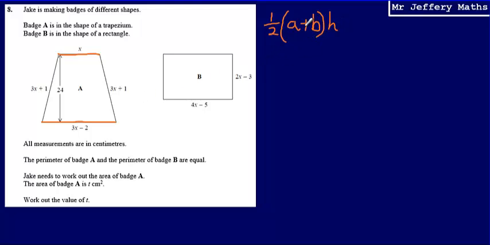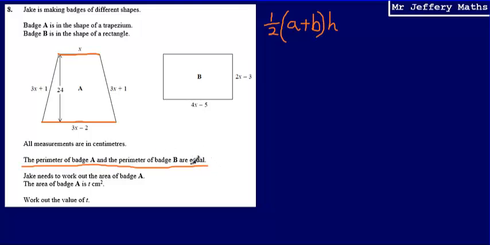Now the problem we've got with using this formula is that we know the height, but we don't know what the two parallel lengths are. So we're going to come back to this bit of information that we're told here. We're told that the perimeter of badge A and the perimeter of badge B are equal.